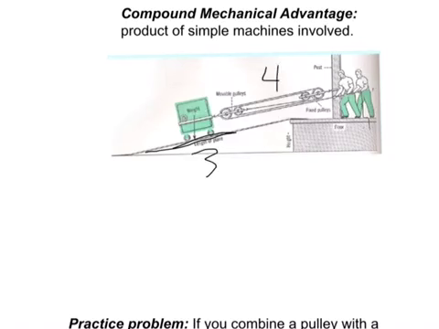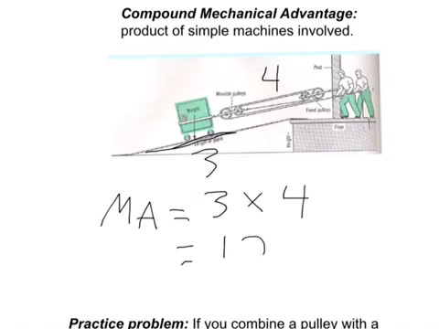In order to get the compound machine's mechanical advantage, you would take the product of all the ones involved. So that is 3 for the inclined plane times 4 for the pulleys. So the mechanical advantage of this compound machine is 12. And again, you don't need units for mechanical advantage.